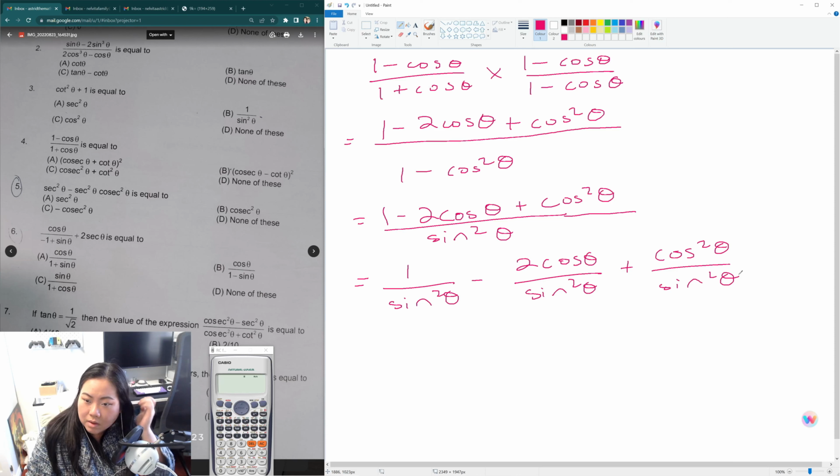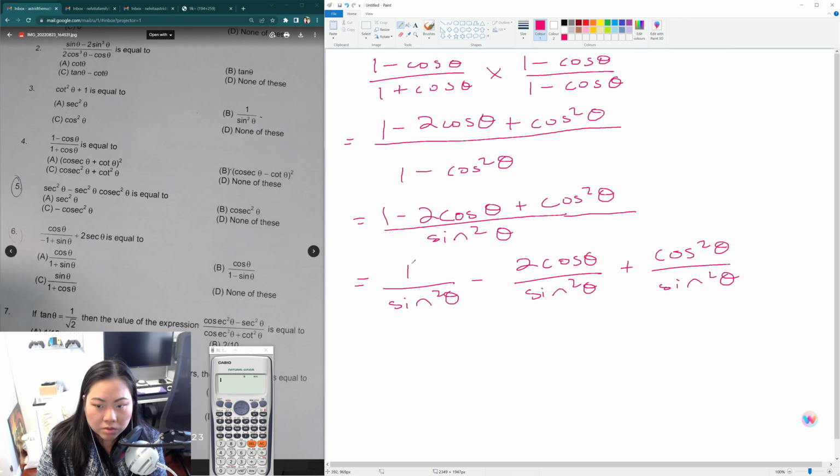Okay, how did I do that? And why can I do that? And is it correct to do that? All very good questions. The reason why I can split these is because they all have the same denominator. So if you combine all of these fractions, it will turn into the line above, because all the denominators are sine squared theta.